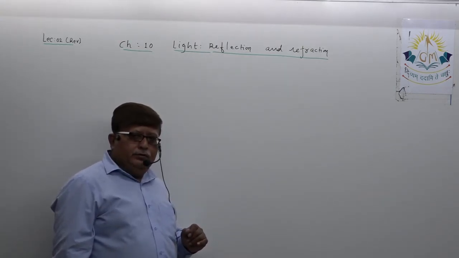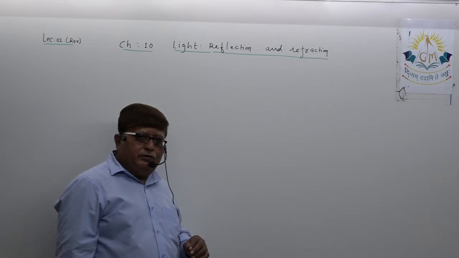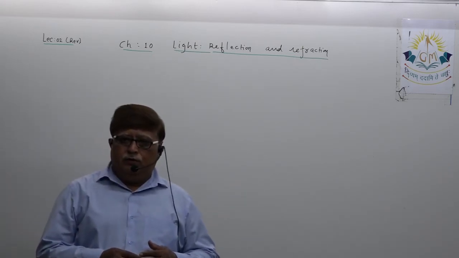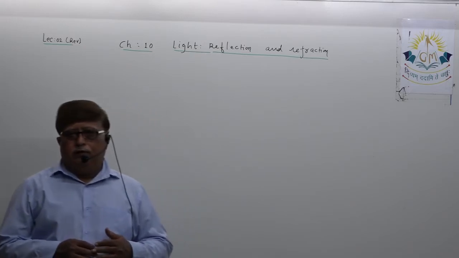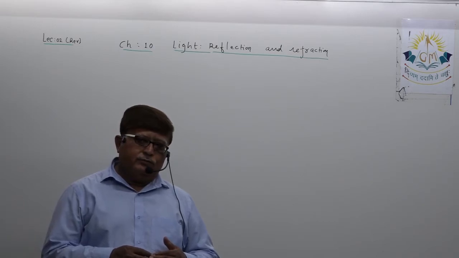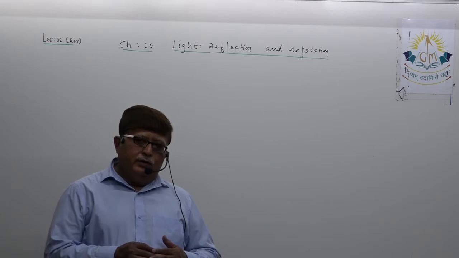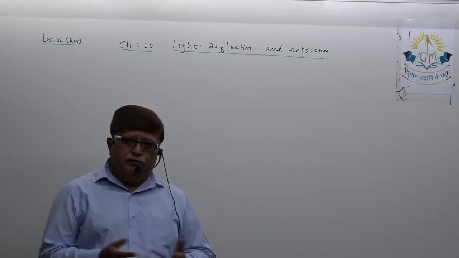So dear student, you know the symbol U stands for object distance, V stands for image distance, H stands for object height, H dash stands for image height. Understood? Object height, image height. F for focal length, M for magnification.